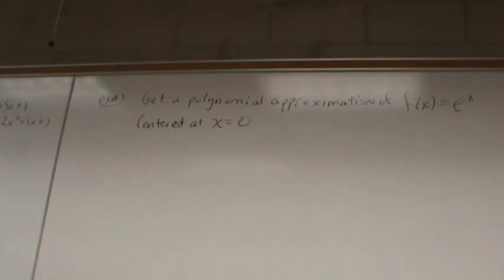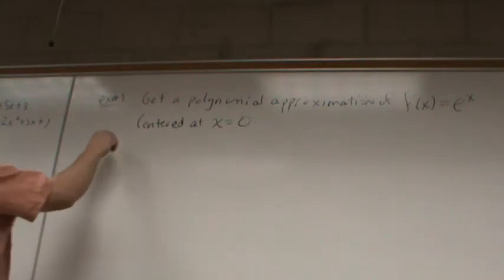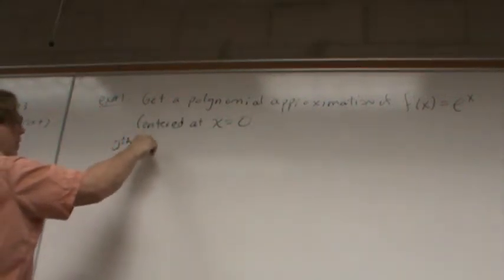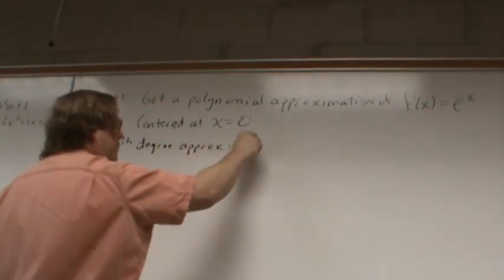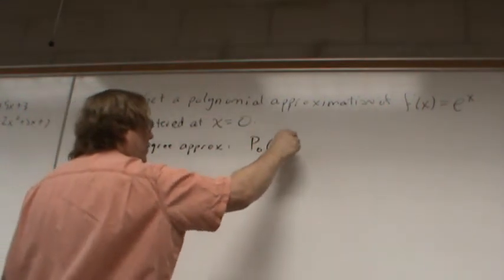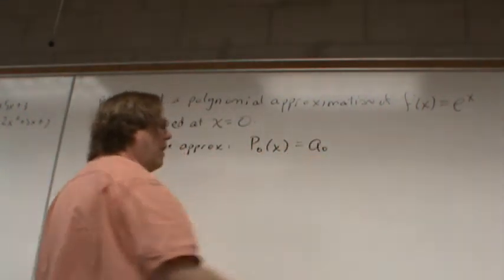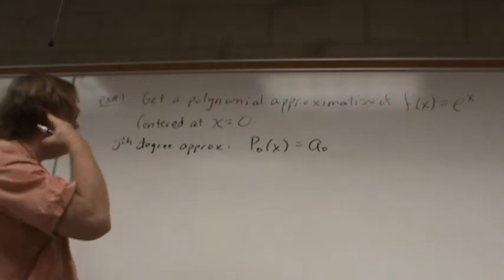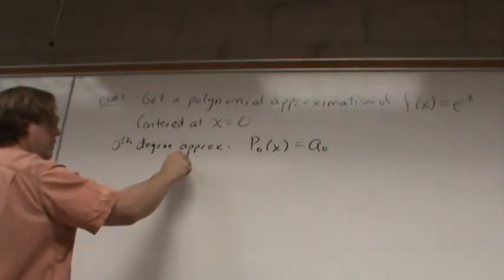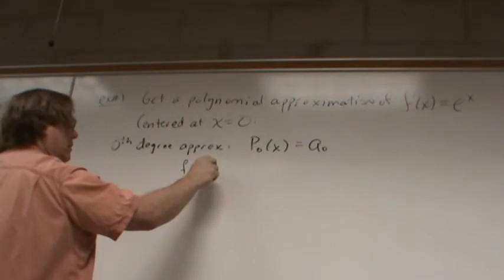Okay. Let's start with a 0th degree approximation. My polynomial function, a 0th degree approximation, is just going to be a constant. So all I need to do is find what that value is. I'm going to get what f of 0 is.